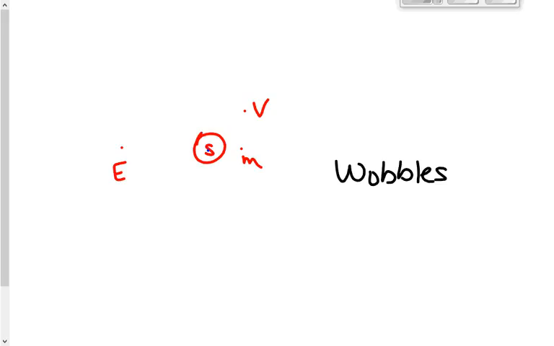A rotation is different than an orbit, because I can tell you what the rotation of the sun is. Rotation is moving around your axis. So the rotation of the sun is about a month, about 28 days, depending on where you are on the sun, because different parts of the sun rotate at different rates. It's called differential rotation.